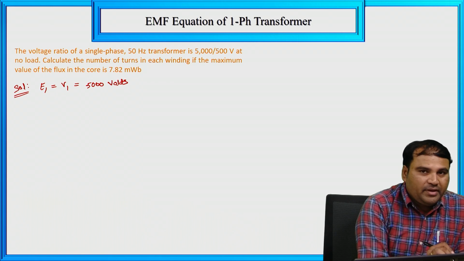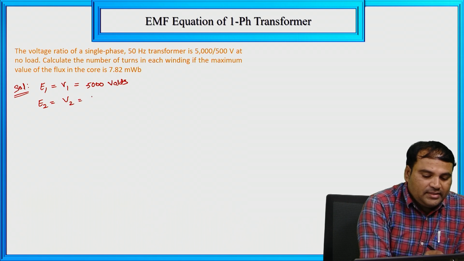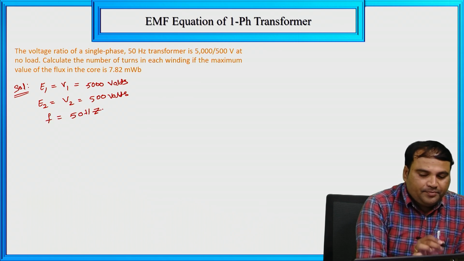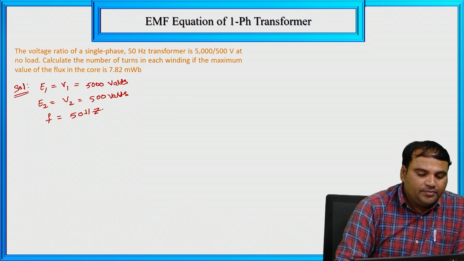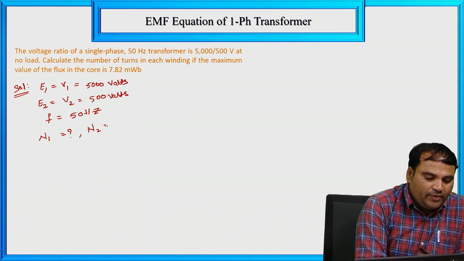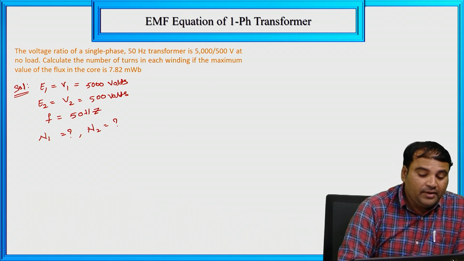So this is primary induced EMF or primary voltage, and secondary induced EMF or secondary voltage is 500 volts, and frequency F equal to 50 Hz at no load. So calculate the number of turns in each winding, means we need to calculate the N1 value and N2 value, and the maximum value of flux.